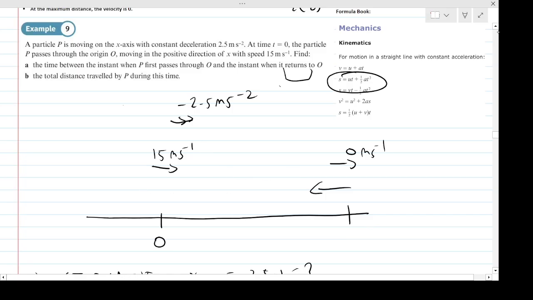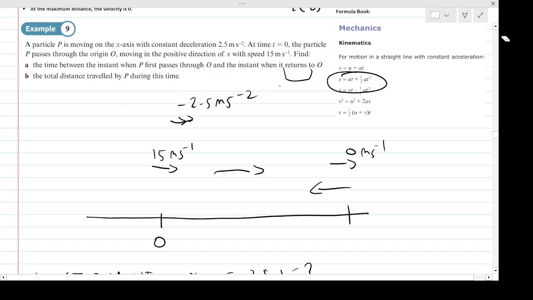Now it wants the distance. As I discussed, the displacement is 0 because it's not moved anywhere away from O if it returns to it. But the distance, it has moved forwards and then backwards, so it has travelled a distance, but the displacement is 0 overall.